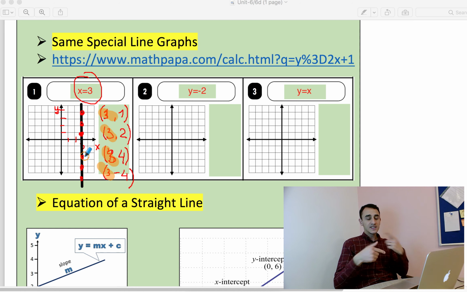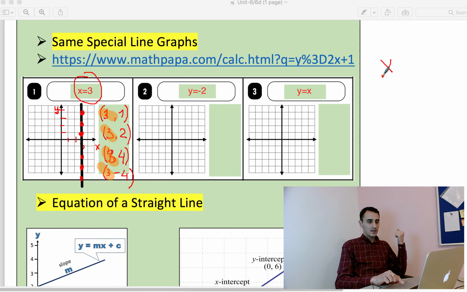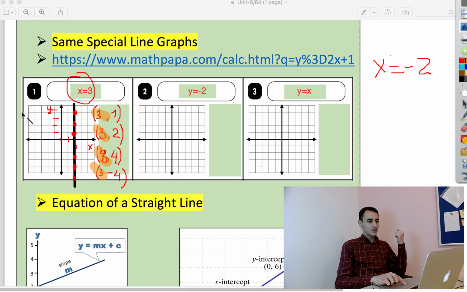Clear? With the same idea, we can say that, for example, let me write here, x is equal to negative 2, right? X is equal to negative 2 should pass through, this is 1, this is negative 2, right? It needs to be like this, because this is negative 2 here.